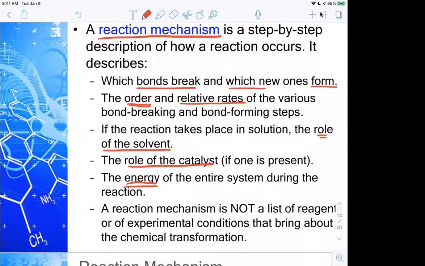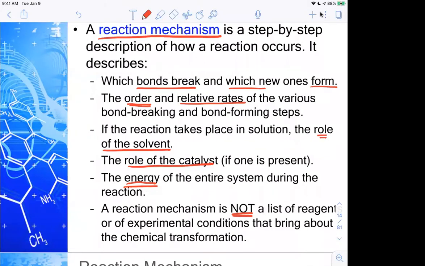What the reaction mechanism is not is a list of reagents or experimental conditions. Those reagents and experimental conditions are either present as reactants or as conditions over the arrow. What they don't tell you is anything about how bonds are breaking and how bonds are forming. So I'm actually going to track my electrons.